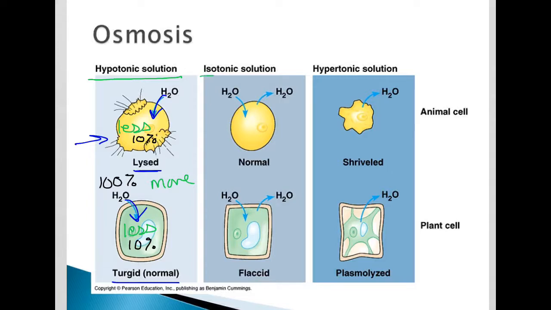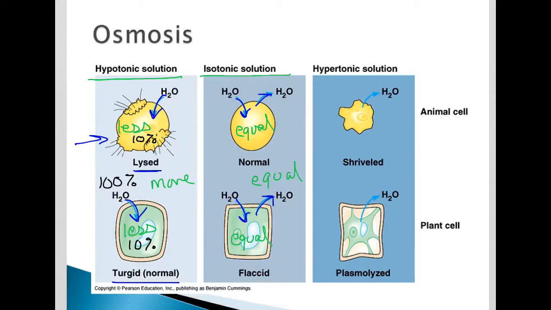In an isotonic solution, you have the same amount of water both inside and outside of the cell. So I'll just write equal and equal. So this cell and its solution are at equilibrium. And therefore, water does move. It just goes into and out of the cell at an equal rate.